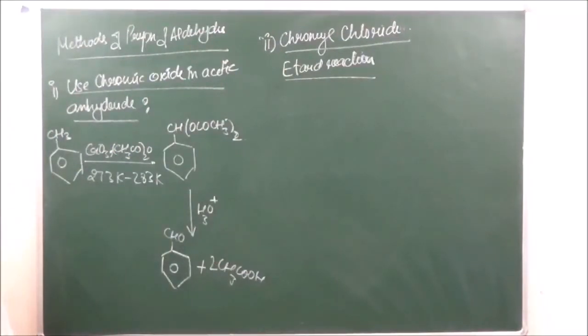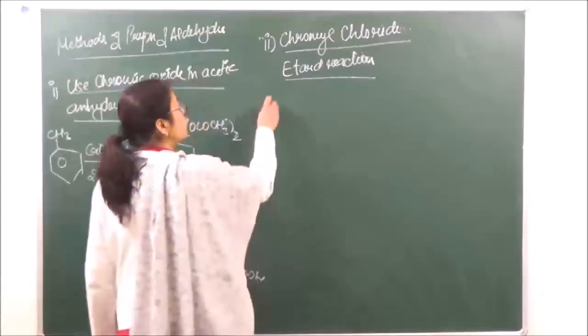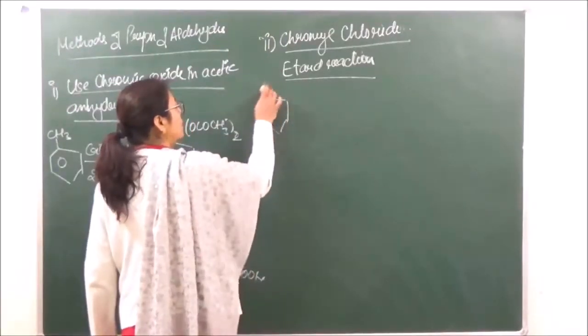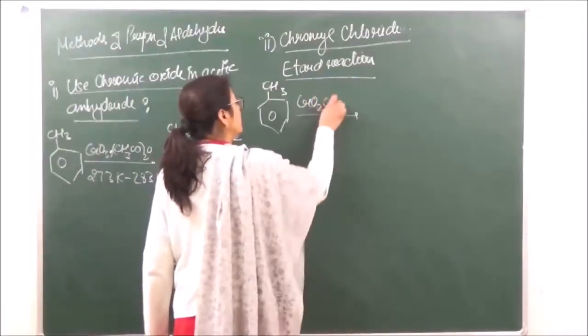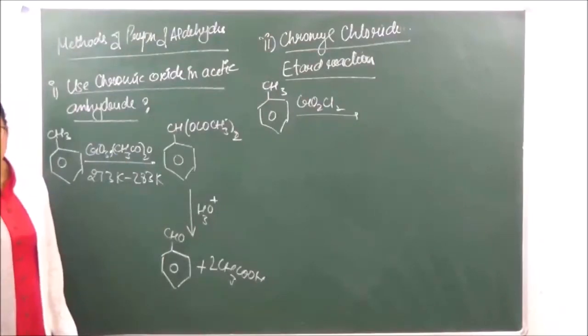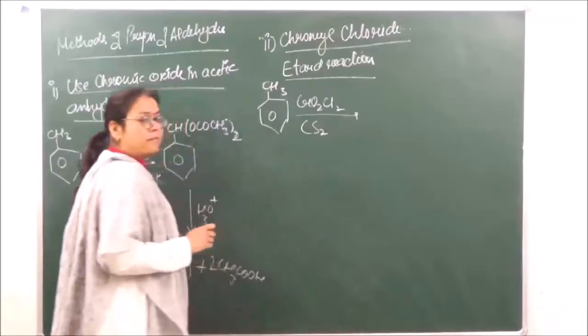Over here we are going to use chromyl chloride, which is CrO2Cl2. So we are taking toluene again, reacting it with CrO2Cl2. The reaction takes place in the presence of carbon disulfide.